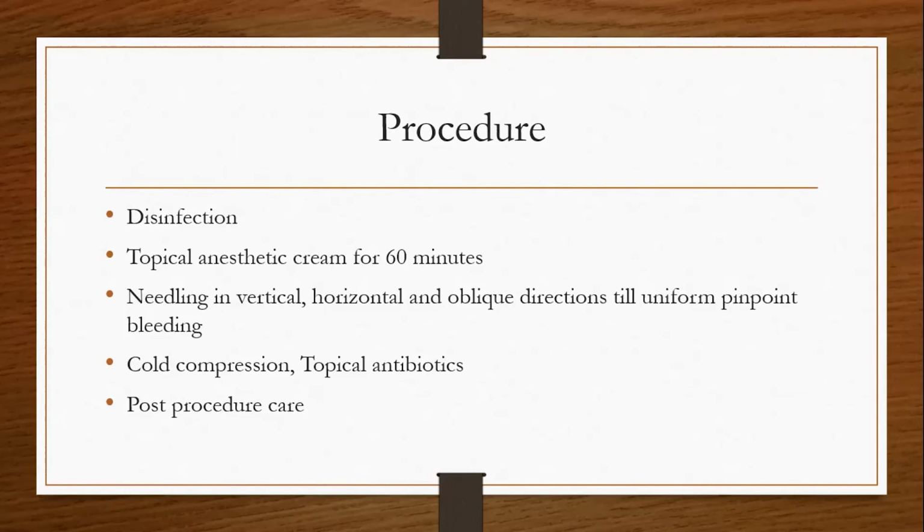This pinpoint bleeding is the end point of the procedure. Once uniform pinpoint bleeding is there, we can say that there is optimal microneedling. After that, we stop at that particular site.